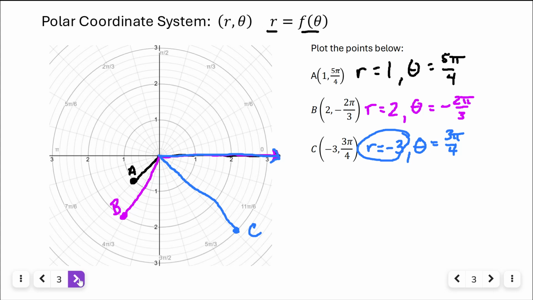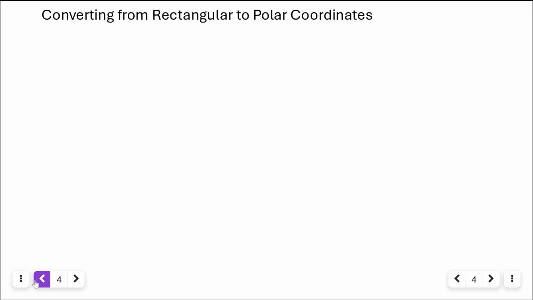Okay, all right, so now let's talk about how to convert. So we're going to convert from rectangular to polar and polar to rectangular. So it's actually not as difficult as you would think to do that. Remember, rectangular coordinates have the coordinates x comma y, and polar coordinates are in r comma theta. I want to figure out a way to get back and forth between the two.